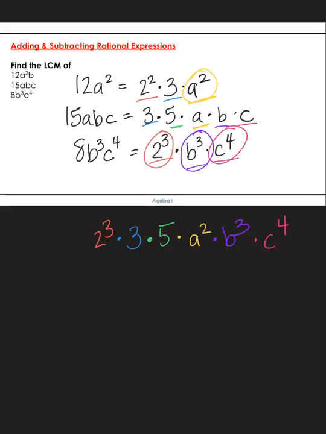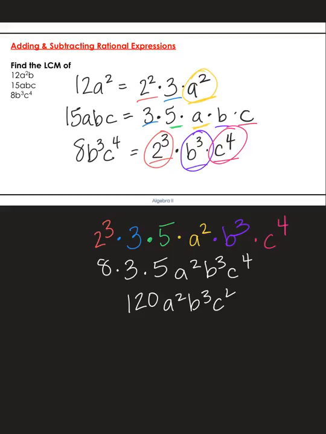So 2 cubed is 8 times 3 times 5, and these will stay a squared, b cubed, and c to the fourth. 8 times 5 is 40. 40 times 3 is 120. So my least common multiple is 120 a squared, b cubed, c to the fourth.